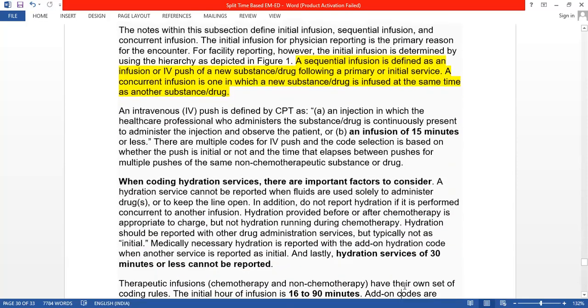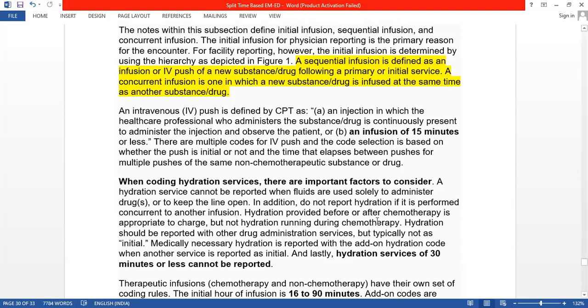When coding hydration service, there are important factors to consider. A hydration service cannot be reported when fluids are used solely to administer a drug or to keep the line open. In addition, do not report hydration if it is performed concurrently with another infusion, right? If infusion and hydration are running concurrently, then we will only code the infusion, not the hydration.